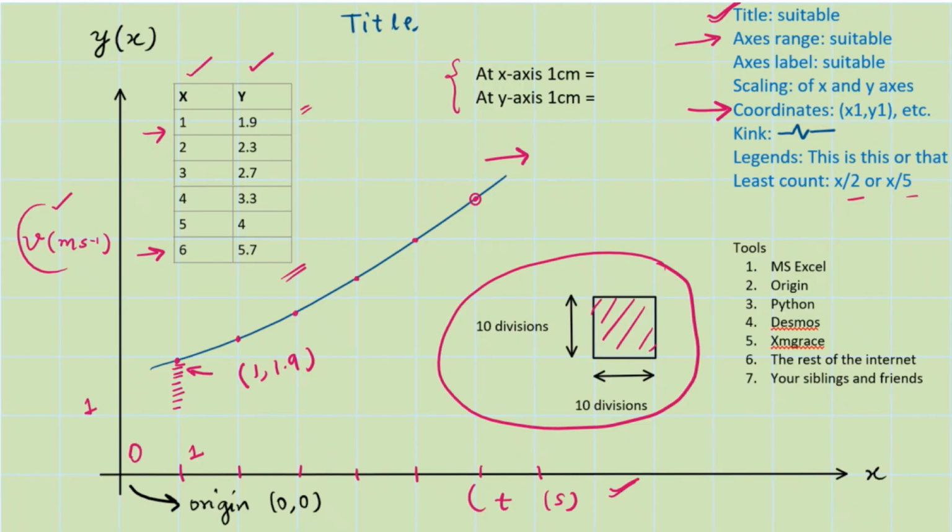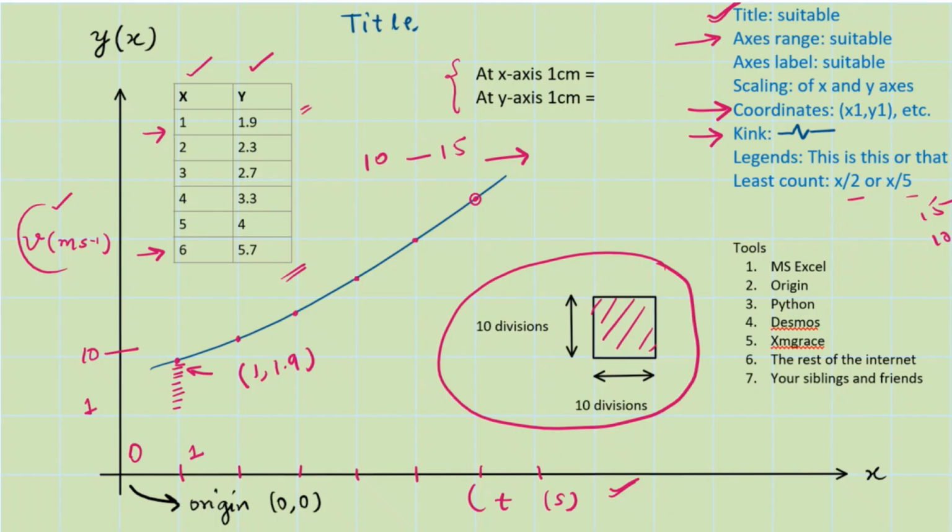So you have to choose a suitable range, and if you can't find a graph where you have very off limits, like your limit starts from 10 and it ends with 15, you can also use the concept of kink. You can make a kink on your graph. For example, if this value had started from 10 instead of 1.9, this data set, this curve must be very much above your graph sheet, since it's starting from 10 and ending with 50.